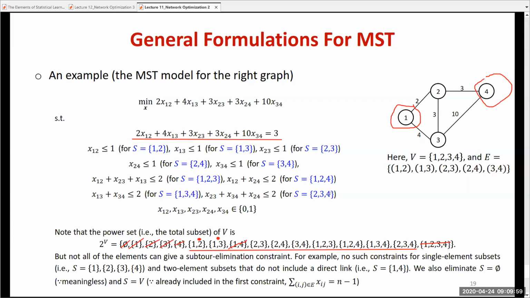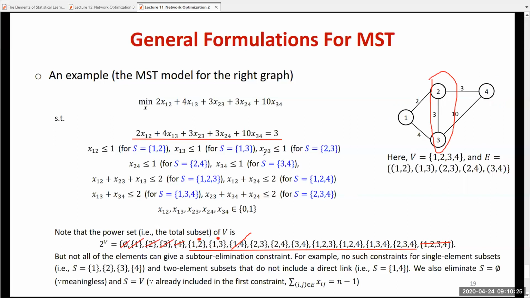Now let's have a look at 2, 3. For the subset 2, 3, it's here. Again, the cardinality is 2, so the right-hand side is 1, and there's only one edge included inside.